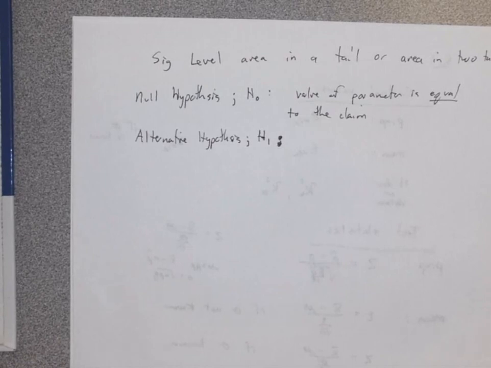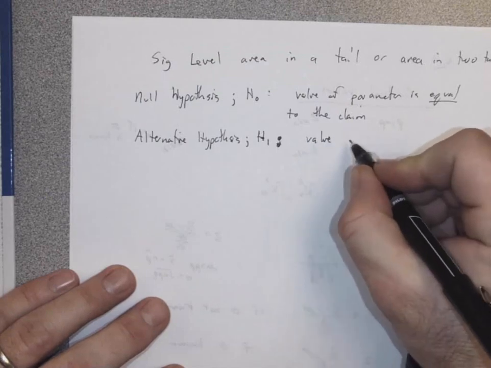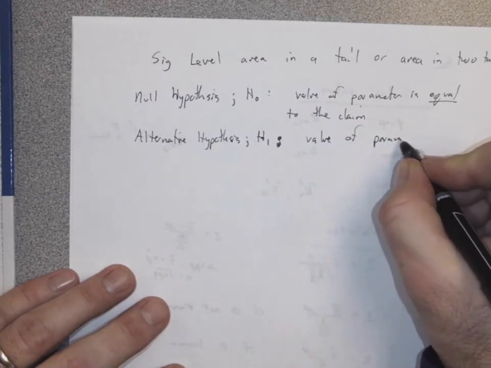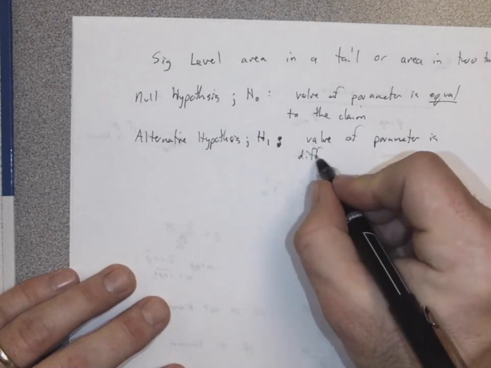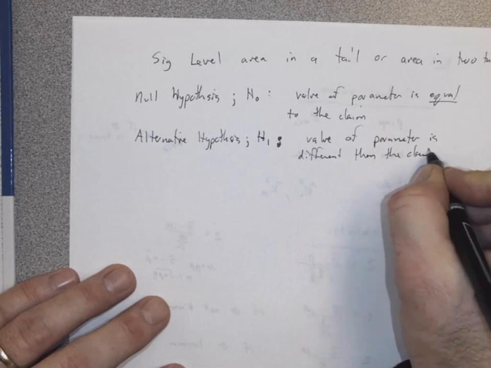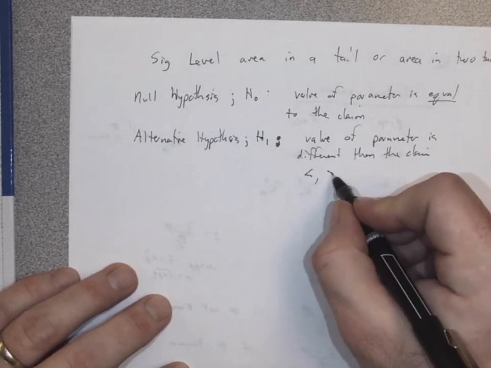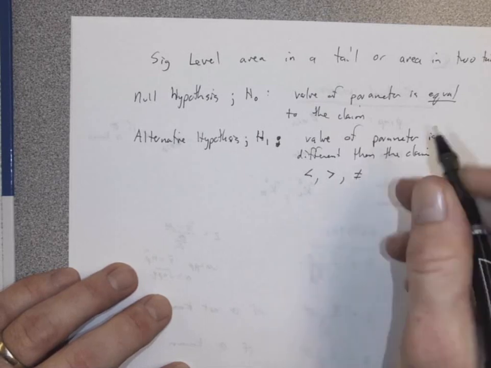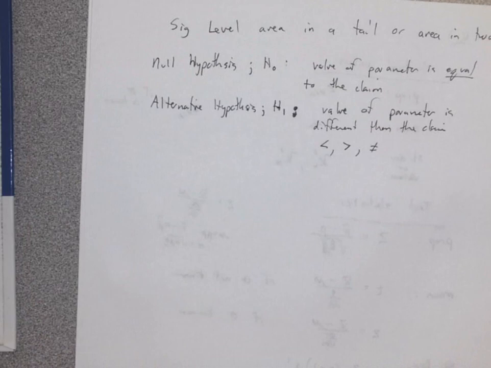Differ means it could be below, above, or not equal. So the value of the parameter is different than the claim. Different could be less than, greater than, or just not equal. It could be on both sides. So it kind of depends on what they're saying.